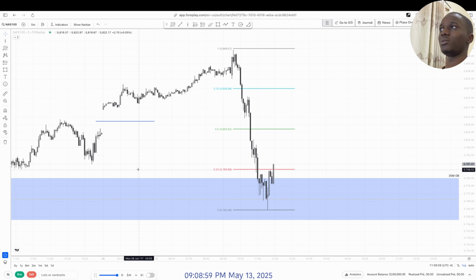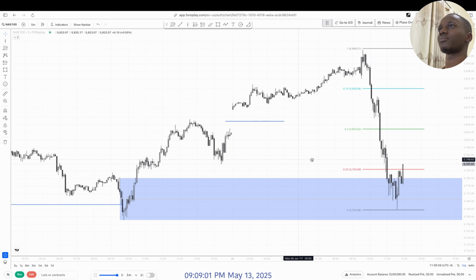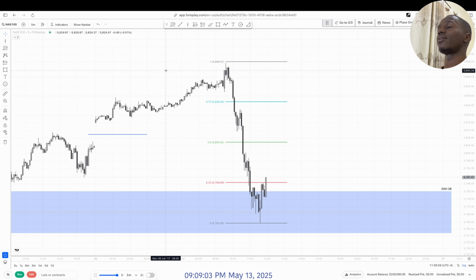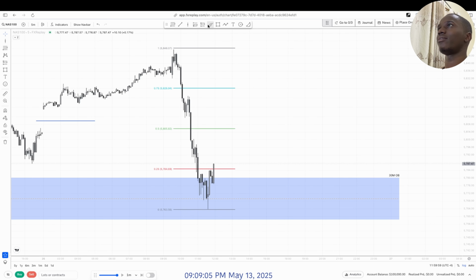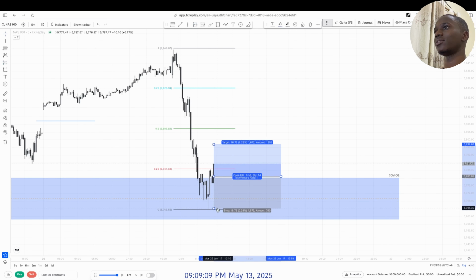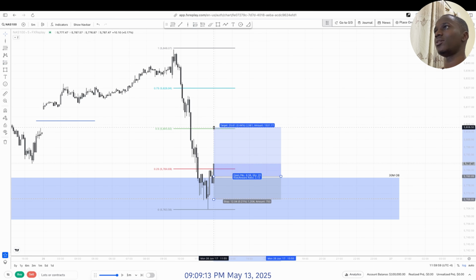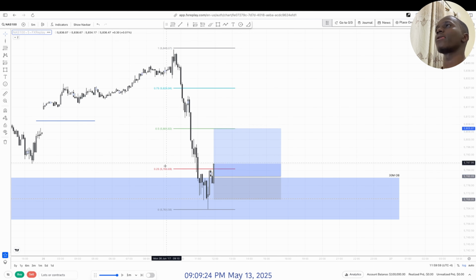So we've got a sweep and a shift, and on a higher time frame POI, then we could enter on this fair value gap right here, stop loss below here, and TP just right here. Maybe we might even target high levels such as this high, but let's just target this one here.